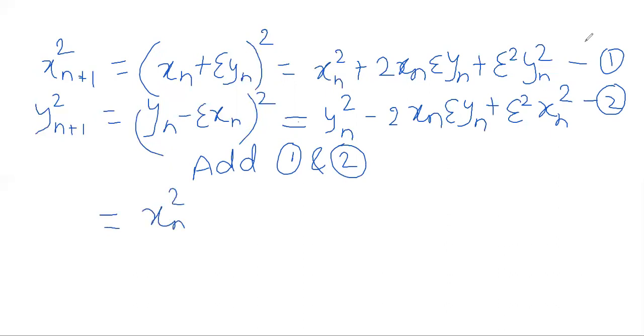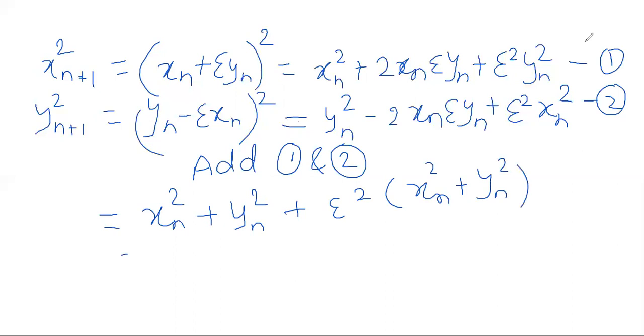After that, which value you will get here? Xn square plus yn square, okay, plus epsilon square, okay. Then here again xn square plus yn square.